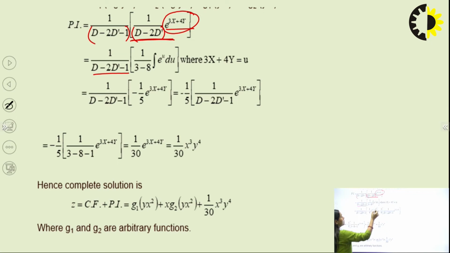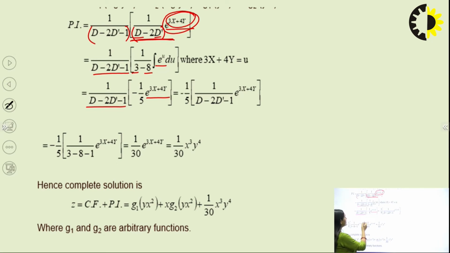In that, we assume that 3x plus 4y is u, replace D by a, D dash by b, and integrate e to the power u one time. After doing this, we will get minus 1 by 5 e to the power 3x plus 4y, and the factor outside will remain as it is.